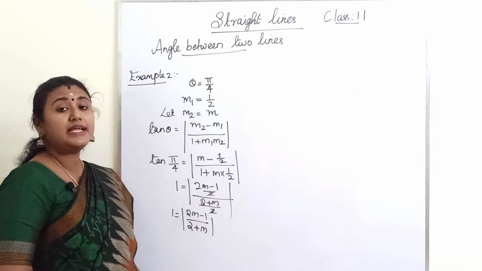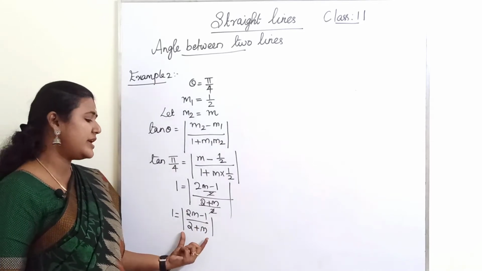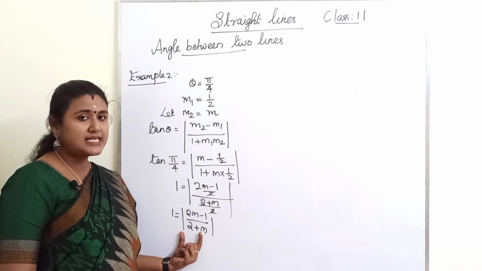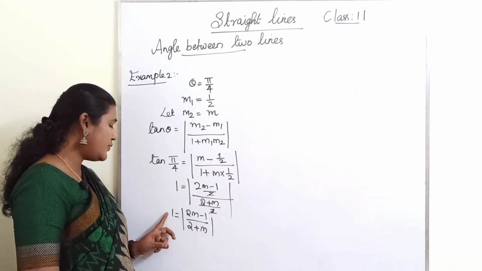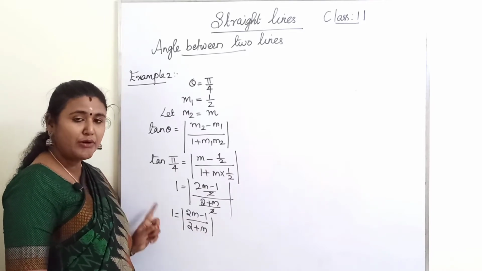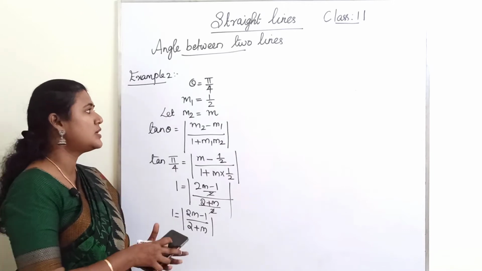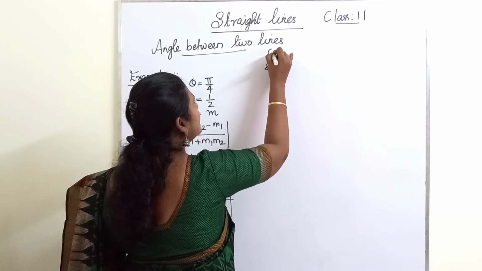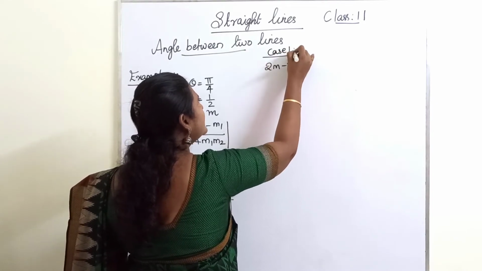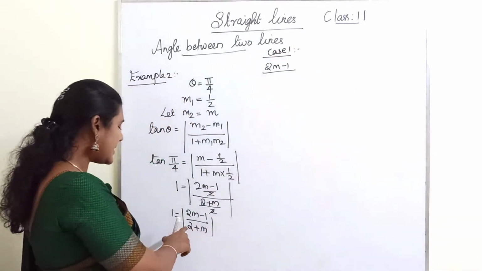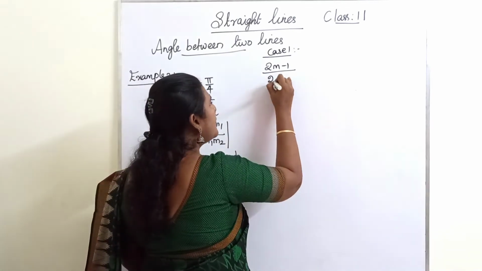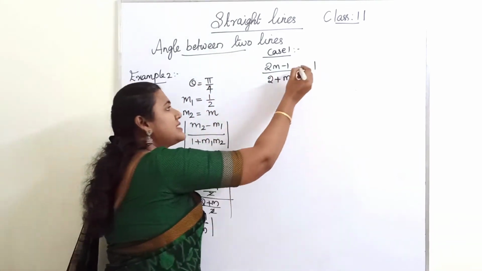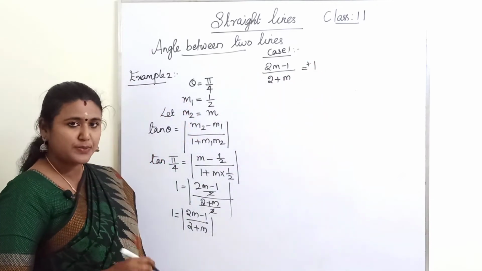Now for finding the value of m, first we have to remove this modulus. When you remove modulus, there will be two cases, plus 1 and minus 1. So in the first case, (2m minus 1) by (2 plus m) is equal to positive 1.